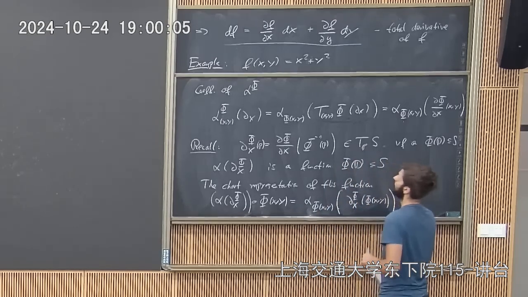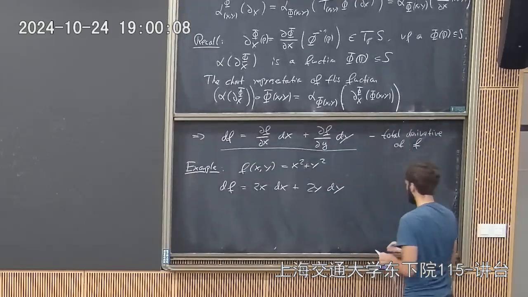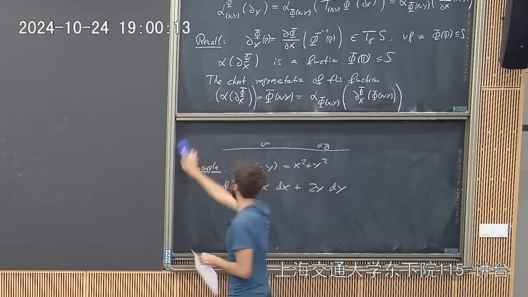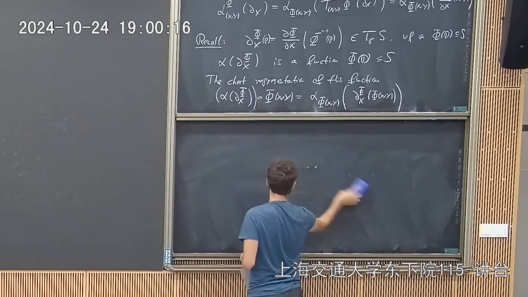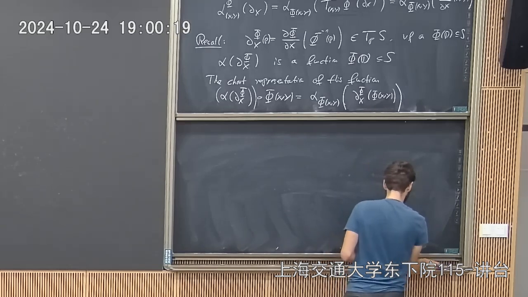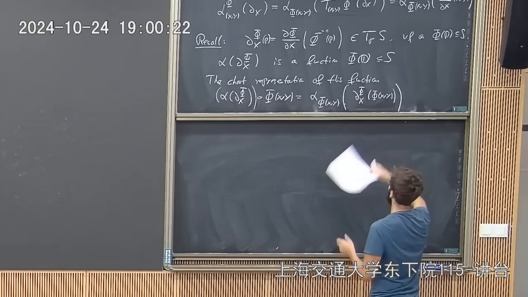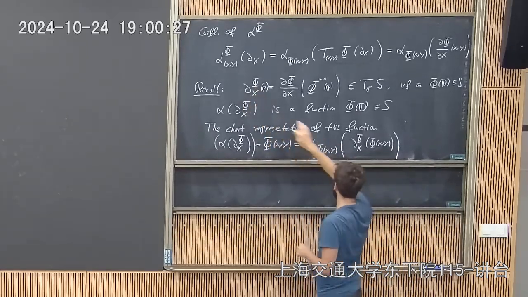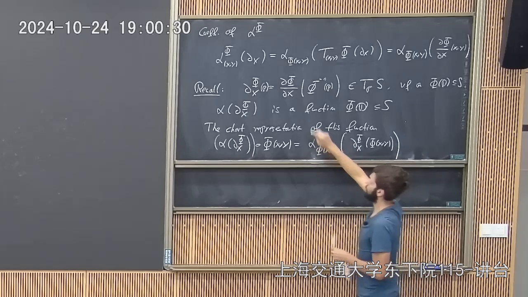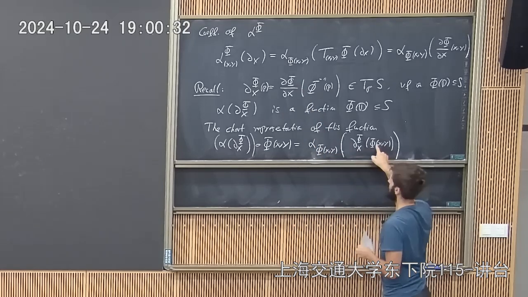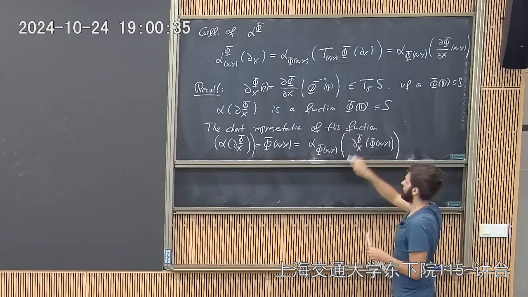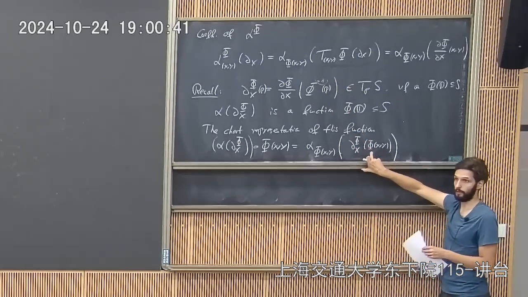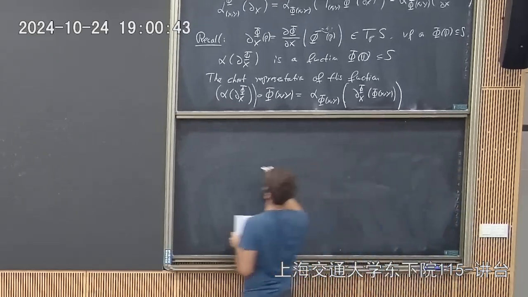Now we use the definition of this vector field. dx phi was given by taking the partial derivative of phi in x direction and then phi inverse. So this phi inverse kills this phi over here.